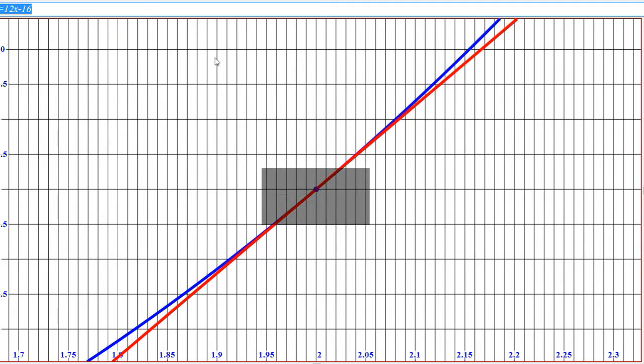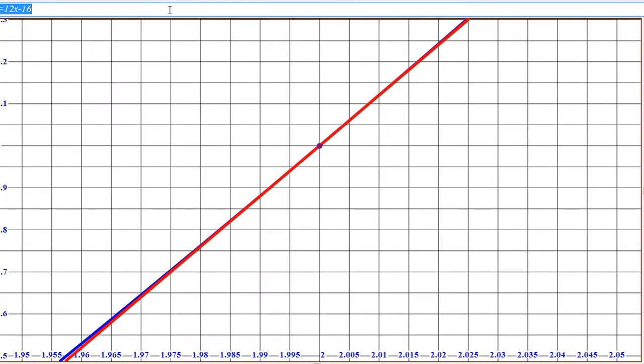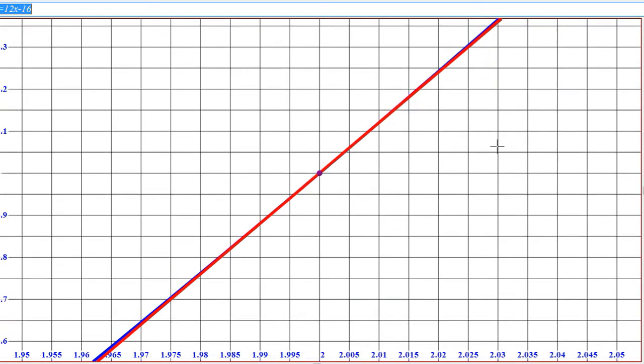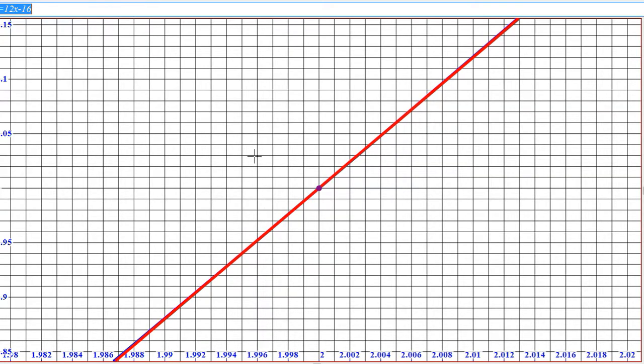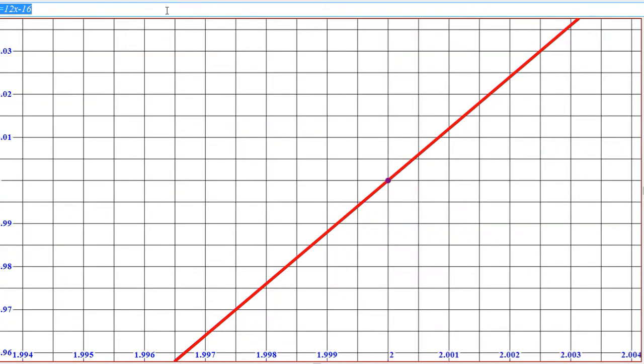As we zoom in even closer still, it gets harder to tell the line and the original graph apart. And if I zoom in, say on this part here, well, it gets harder and harder to tell them apart. I'd have to really distort the scale to see the spacing there.